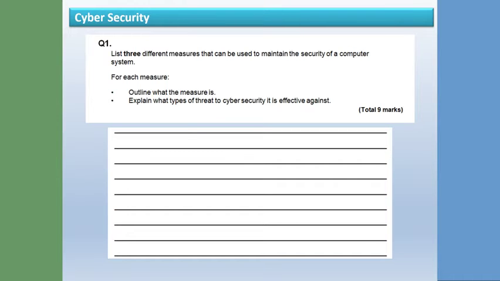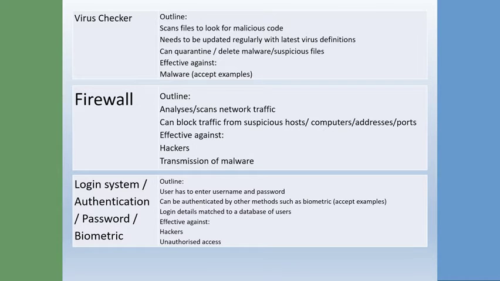Okay, so you could implement a virus checker. To outline, it scans the files to look for malicious code. Okay, it needs to be updated regularly with the latest virus definitions, so it keeps itself up to date. And it can quarantine viruses, delete malware, or suspicious files.